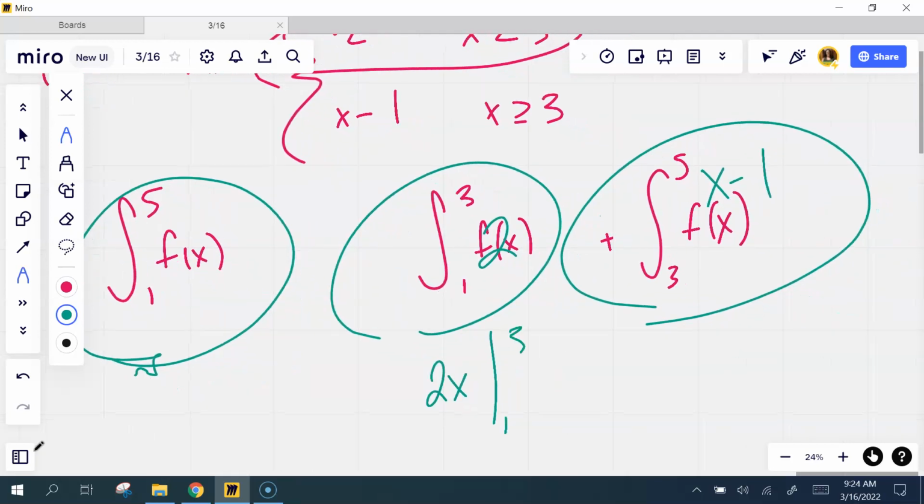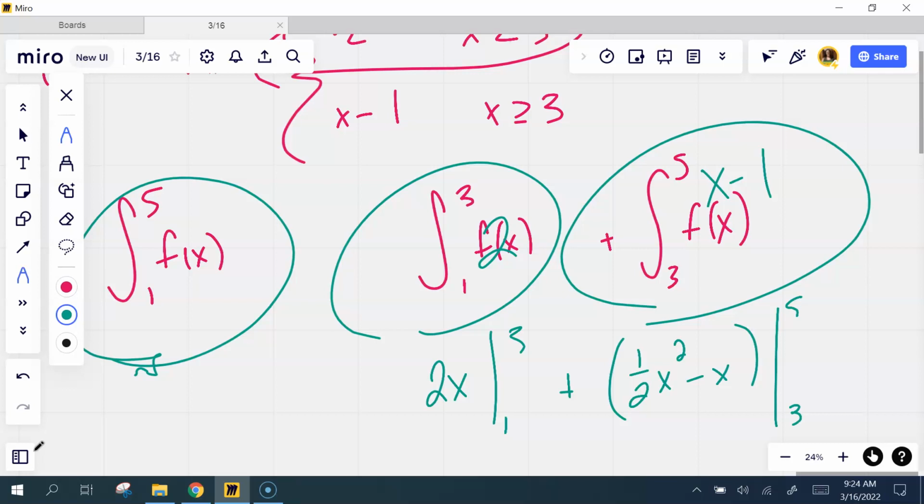This is from 1 to 3. And then this would be 1/2 x squared minus x, and this one goes from 3 to 5. The antiderivative is one of them, and it's the derivative of the 2. 10. C.